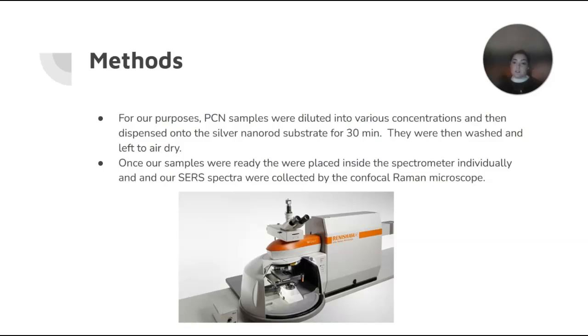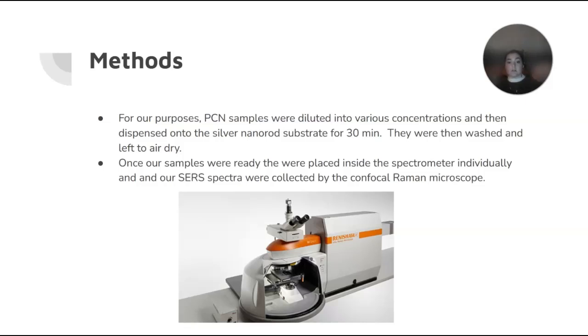Once all of these different concentrations were ready, they were each individually placed into the Raman spectrometer, and the SERS spectra were collected by this confocal Raman microscope. The laser power was set to be 9 milliwatts at the sample and 5 times the objective lens with 10 seconds of acquisition time.